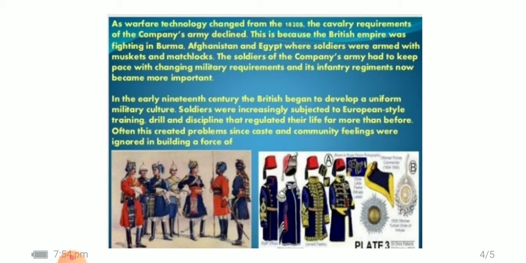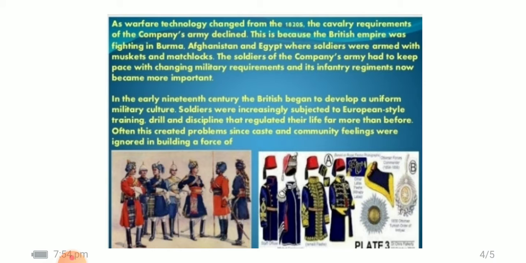This is because the British Empire was fighting in Burma, Afghanistan and Egypt, where soldiers were armed with muskets and matchlocks. Musket means a heavy gun used by infantry soldiers. Matchlock means an early type of gun in which the powder was ignited by a match. The soldiers of the company army had to keep pace with changing military requirements, and its infantry regiments now became more important.